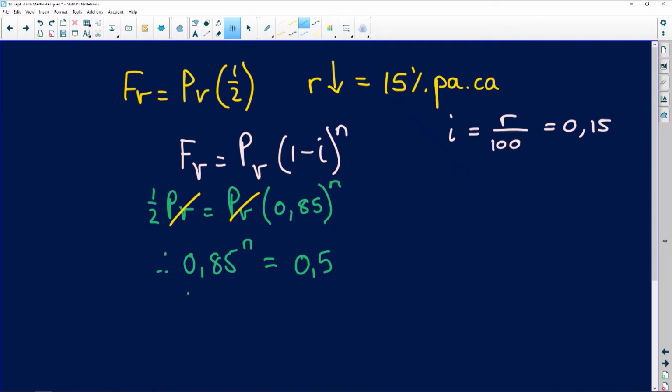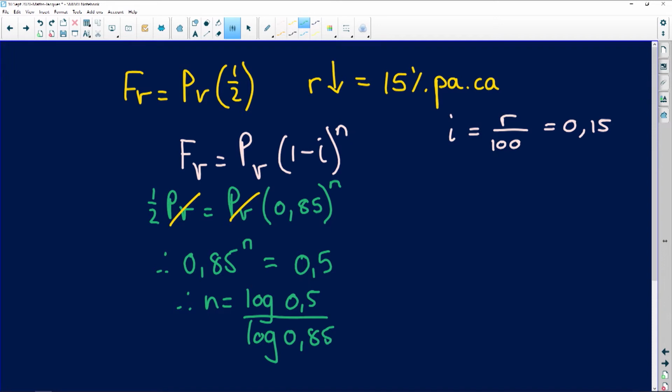Those two bases, there's just no way you're going to do something to 0.85 and 0.5 to get them to look the same. So you have to run to logarithms to solve this problem. We're going to say immediately that n is the log of 0.5 divided by the log of 0.85.